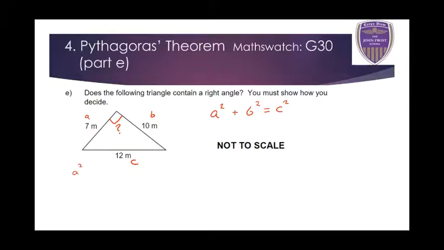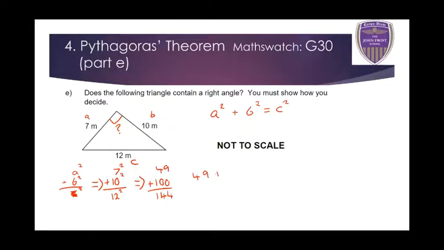So we've got A squared plus B squared equals, oops, not C, 7 squared. A is 7, so 7 squared plus B is 10 equal to 12 squared. 7 squared is 49, 10 squared is 100, and 12 squared is 144.